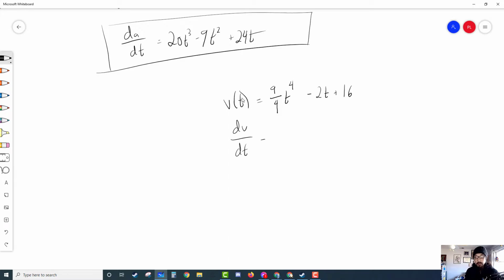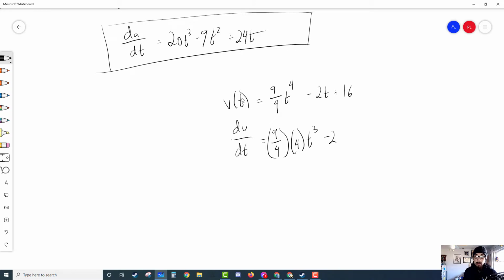dV/dt, my first derivative. We have 9/4 t to the 4th, so 9/4 times 4. Because this 4 is in the numerator and this 4 is in the denominator, it'll cancel out. t to the 3rd, minus 2.